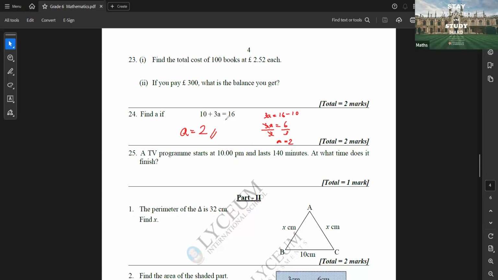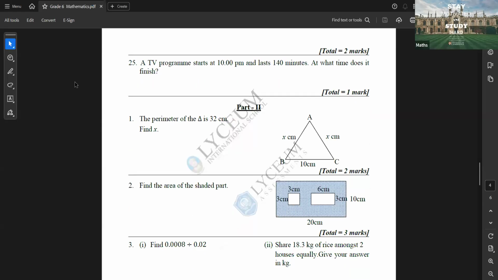Part 1, last question. The TV program starts at 10 p.m. and lasts 140 minutes. So 10 p.m. is the start, and 140 minutes you may write in hours. So 60 minutes is 1 hour, right?